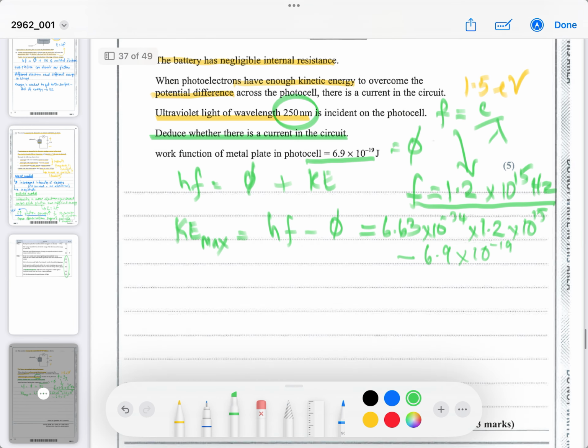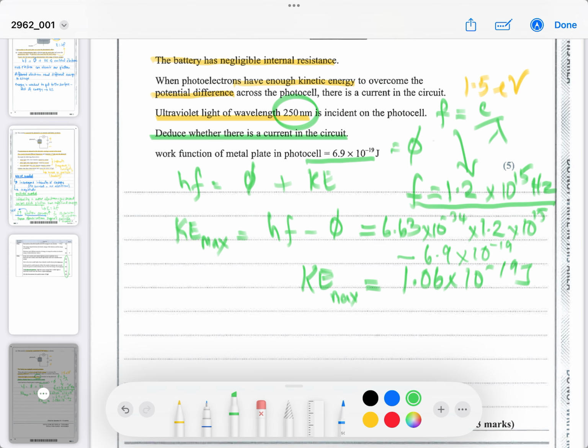And when you do that, the remaining energy is the maximum kinetic energy, because the work function is the minimum, so it's the electrons that get the most kinetic energy. It comes to 1.06 times 10 to the minus 19 joules, where you can see that that's going to be too little because it's not even 1 electron volt.